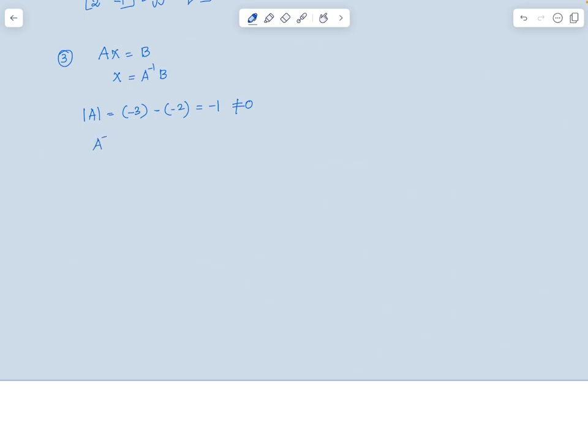A inverse is 1 by determinant of A times adjoint A. To get the adjoint A, we have to get the cofactor of A and the transpose of it. Adjoint matrix of A is equal to the transpose of the cofactor matrix.